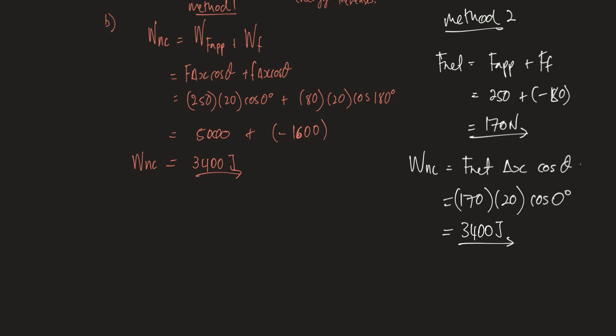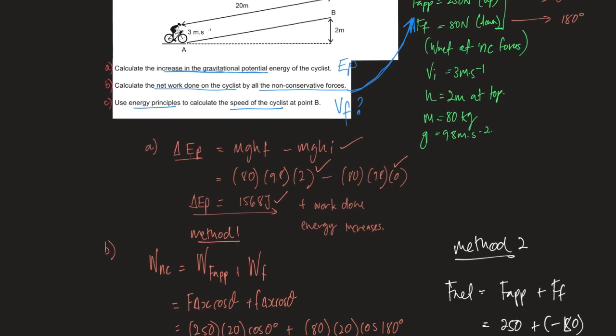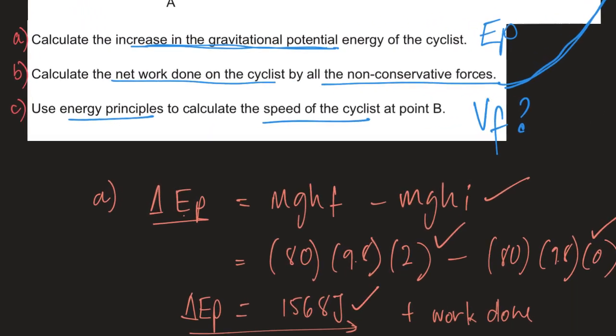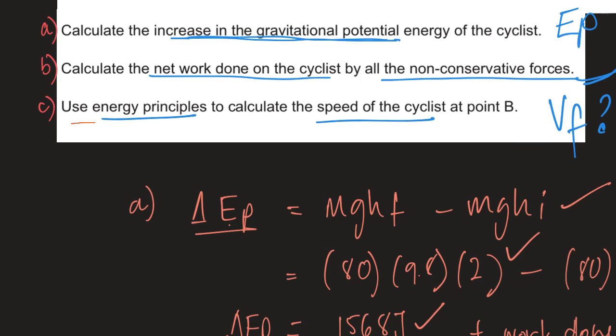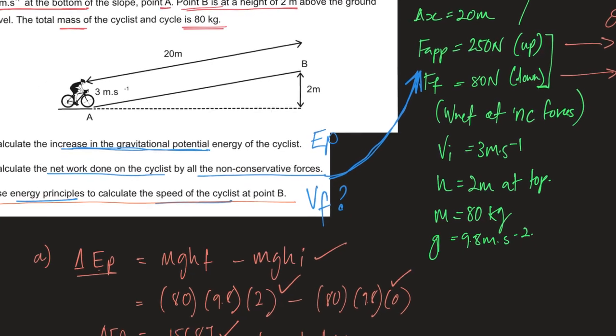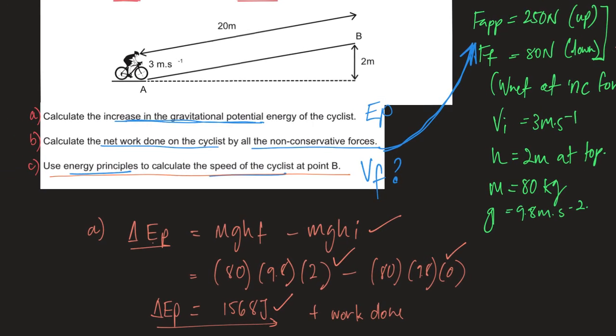All right, then the last question. They want us to use energy principles to calculate V final. So let's look at what we have here. The minute they say energy principles, I know I've got to go work non-conservative is equal to the change in EP plus the change in EK.